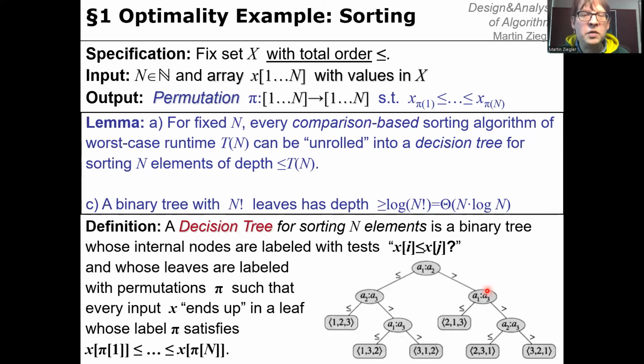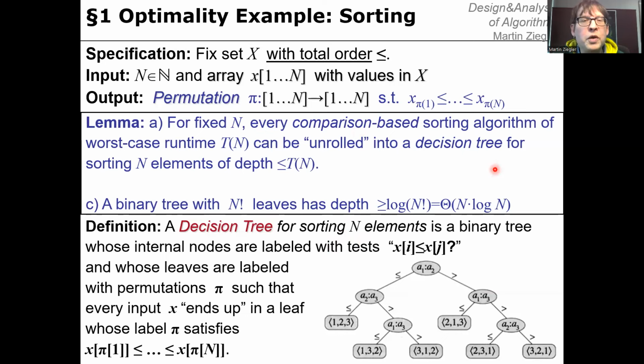In either case, the algorithm may then compare two other elements or the same elements in the array, resulting in two successor nodes, two children's comparisons, and so on, until in the end, the algorithm outputs the purported permutation, sorting the data according to the specification, and we will write that permutation into the leaf of that tree, and thus we obtain a decision tree from any comparison-based sorting algorithm.